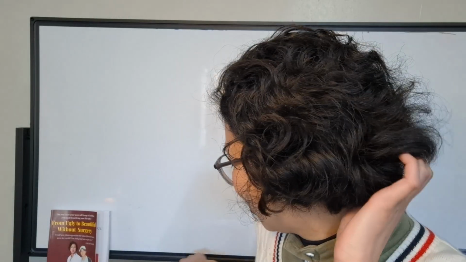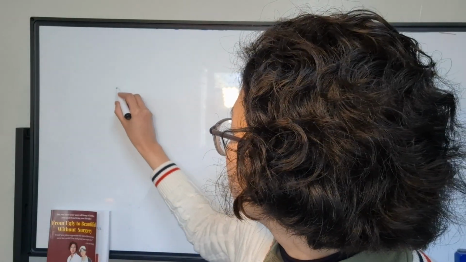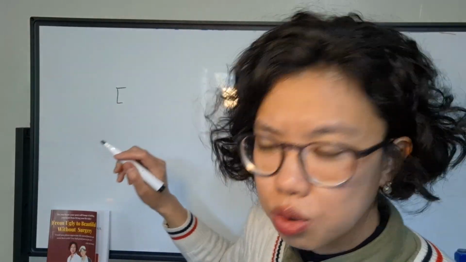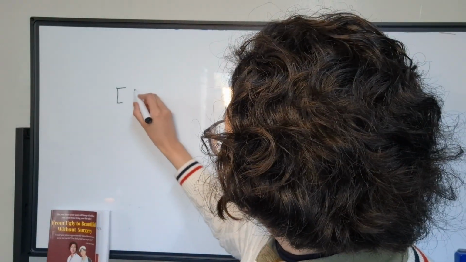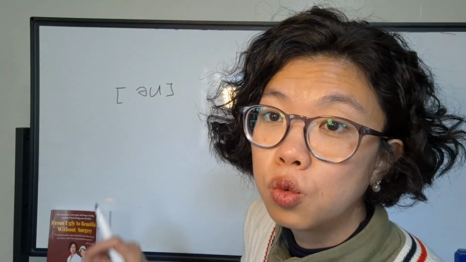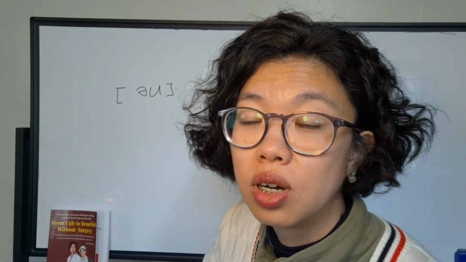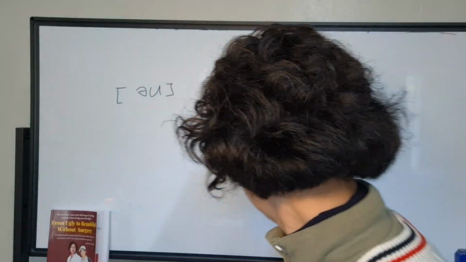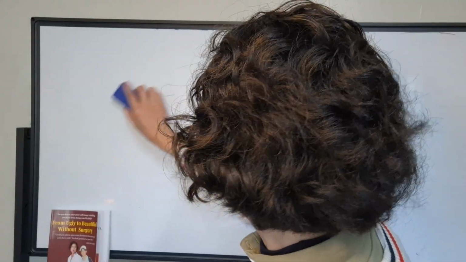Okay. So today I want to practice the vowel, which one? So this one is O, O, O, O. Okay, so let me write it down correctly.